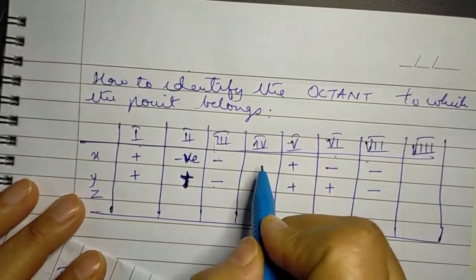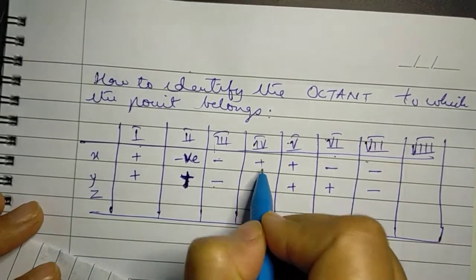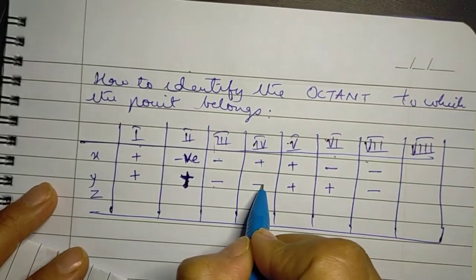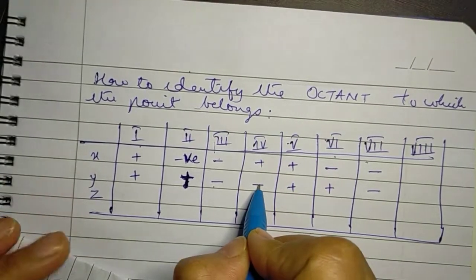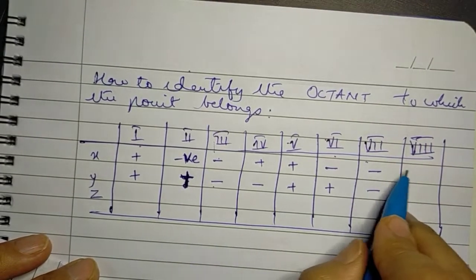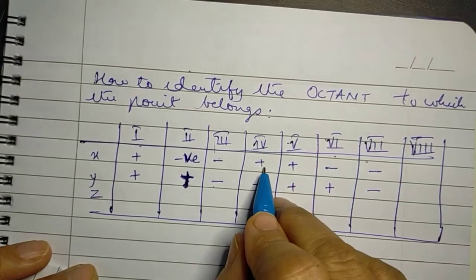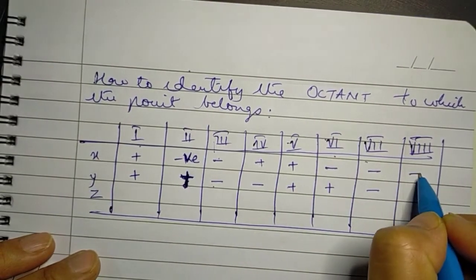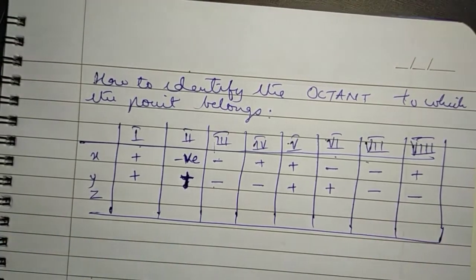Since in the fourth quadrant x is positive, y is negative, so for the fourth octant also x is positive, y is negative, and for the eighth octant also, since it is behind the fourth octant, the x coordinate would be positive, y would be negative.